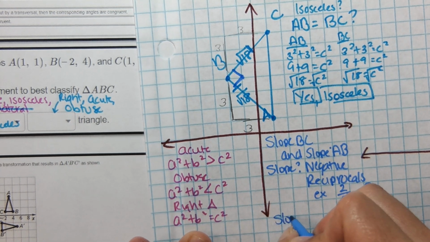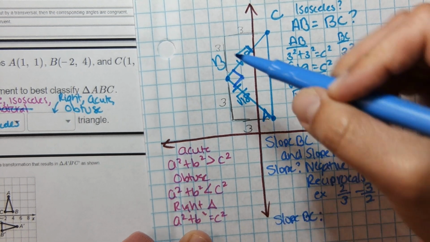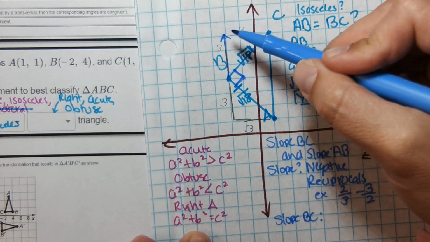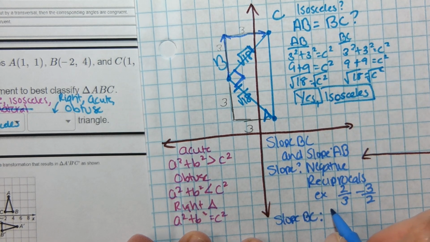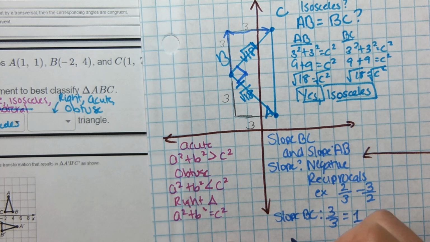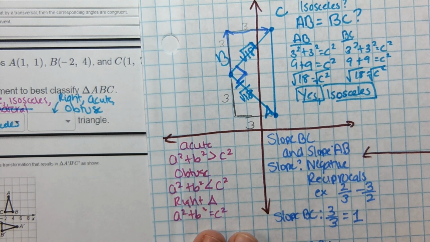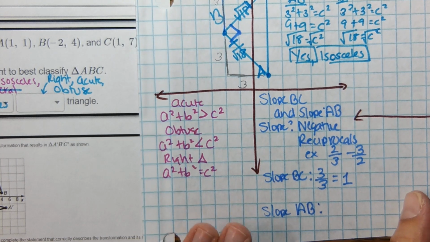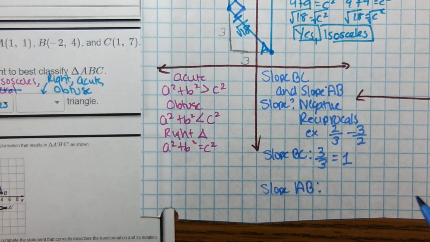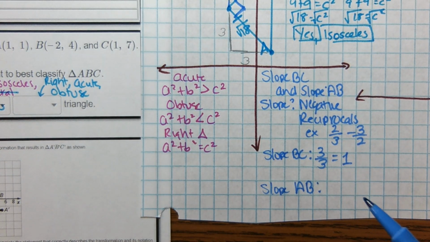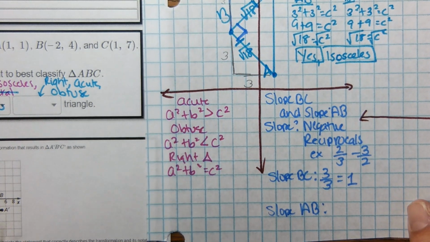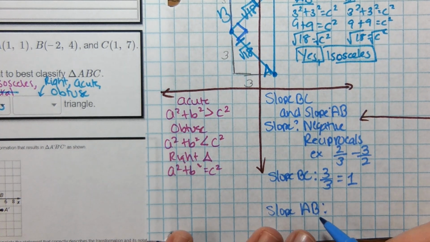So the slope of BC, I can just look at the graph, up 3 over 3. So 3 over 3, which equals 1. And now I need to find the slope of AB. And again, if you're doing this on the test, you wouldn't really need to write down every little thing. It would go a lot faster. I'm just trying to show the steps visually as well as talk about them.